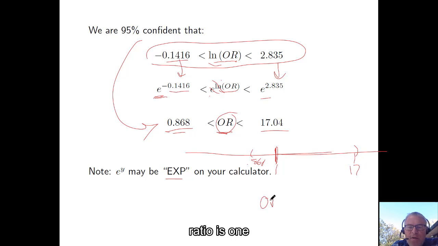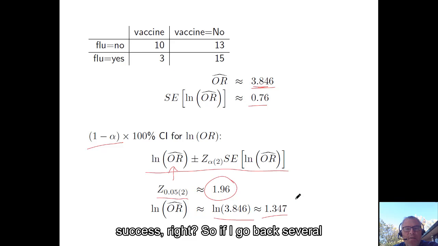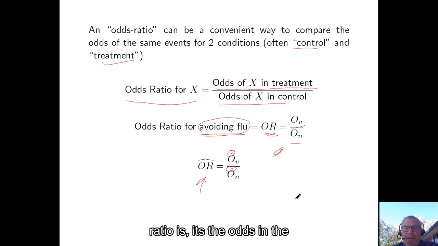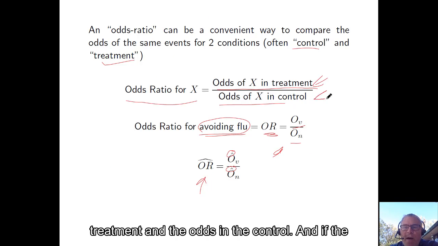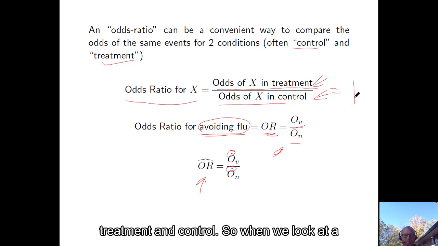The odds ratio being 1 is the null hypothesis that the treatment does not change the probability of success, right? If I go back several slides to the definition of what an odds ratio is, it's the odds in the treatment and the odds in the control. And if the true population is such that the treatment makes no effect, then the odds ratio would have a value of 1. You'd have the same success probability in the treatment and control.